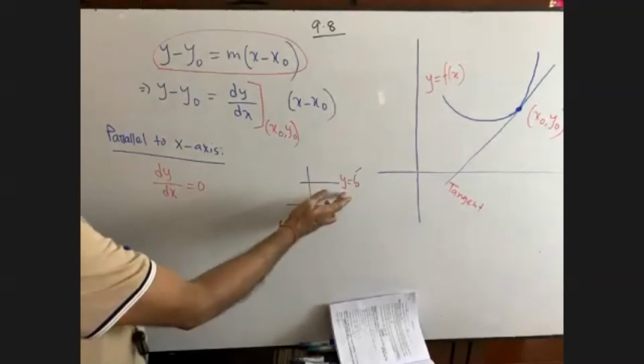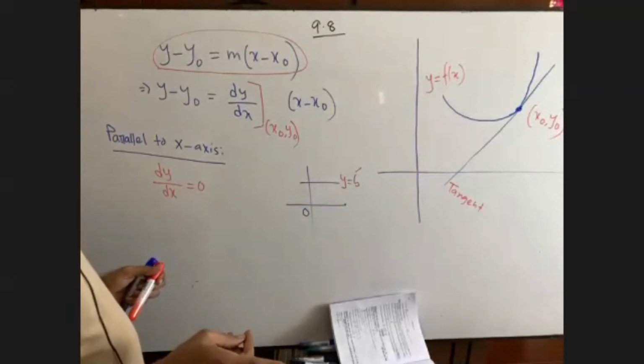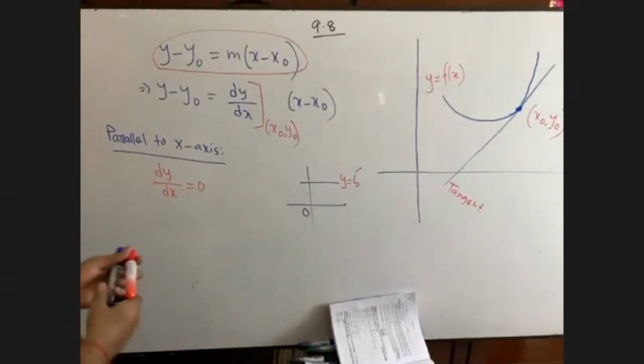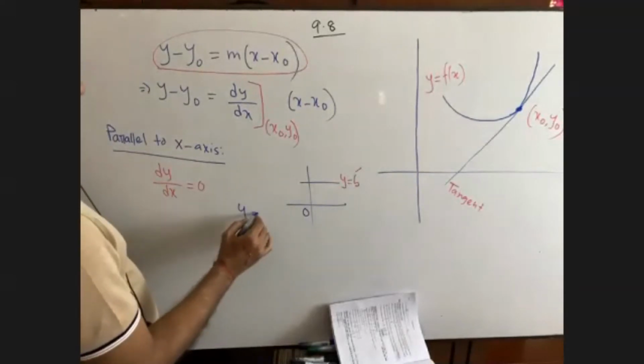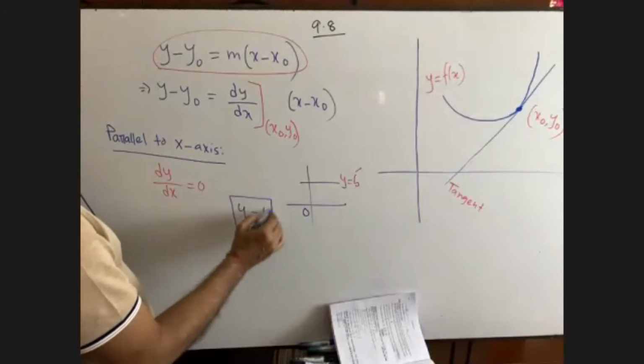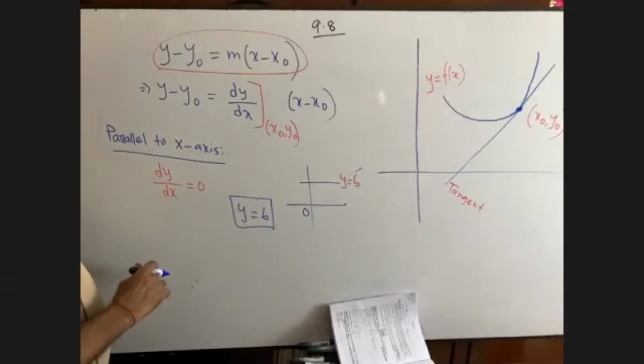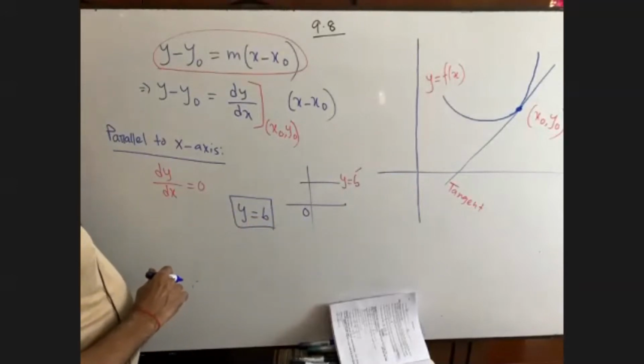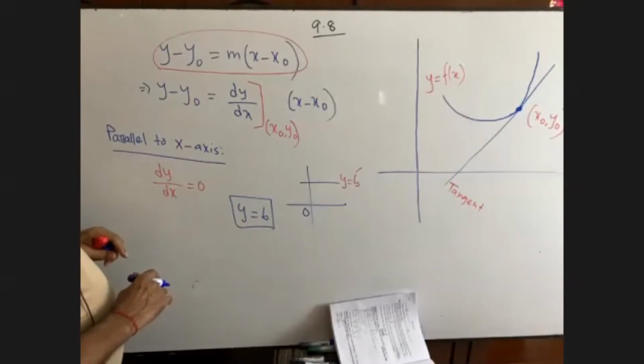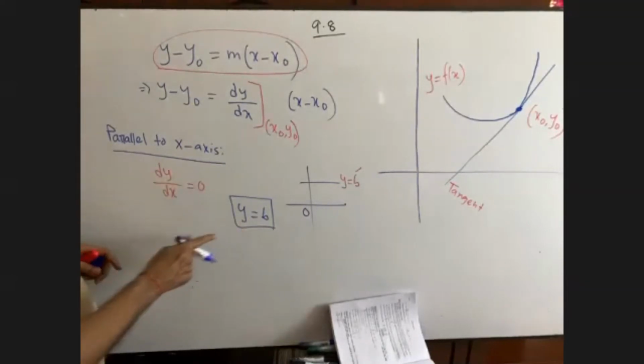Sir, y equals b. Have you got it or not? Very good. Okay, differentiate y equals b. Let me know, what will be the answer? You differentiate both the sides. 0. So dy by dx equals 0. Is it okay?